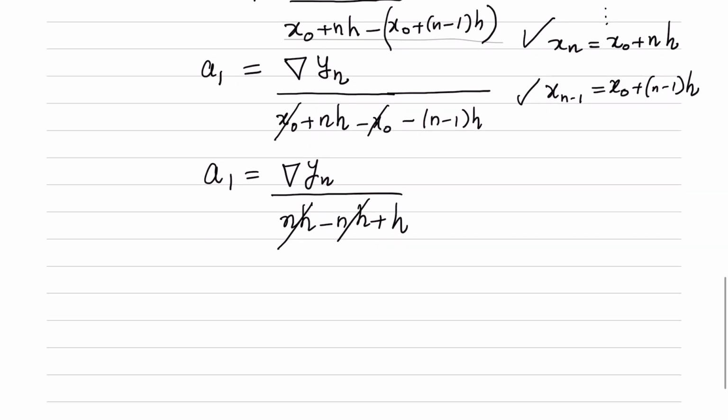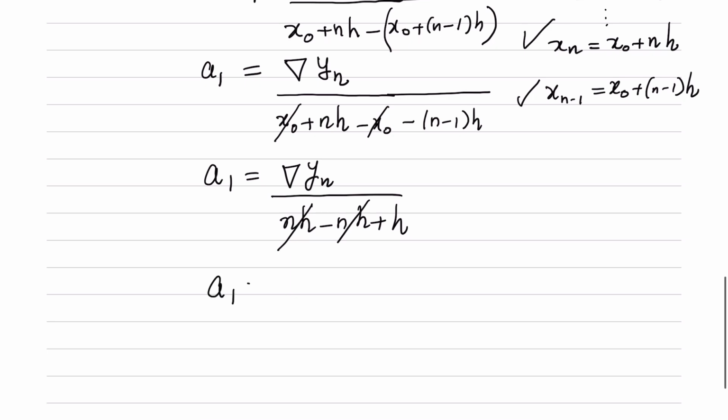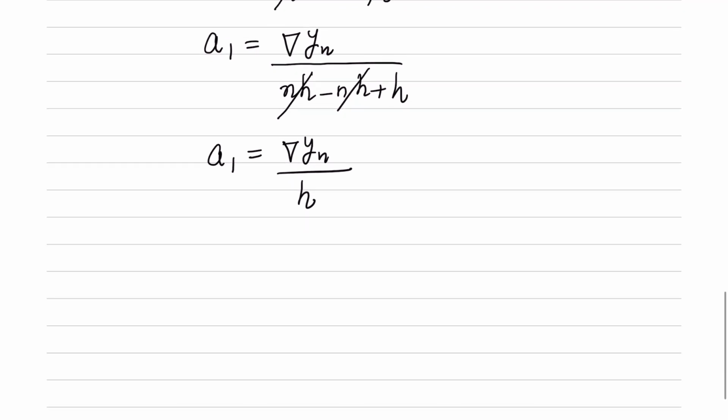So we have a1 as backward yn over h. So we have both of the coefficients now available. a naught was the last y, which was yn, and a1 is backward yn over h.